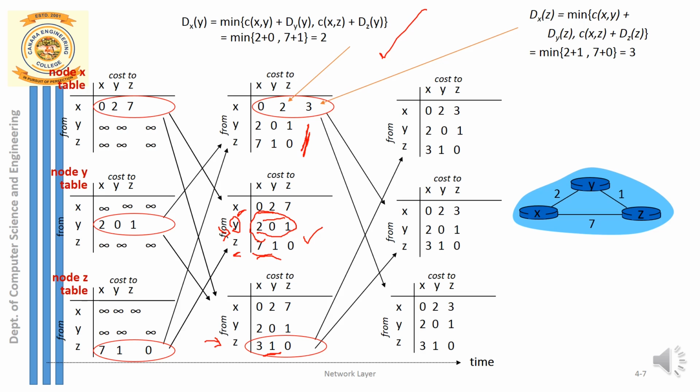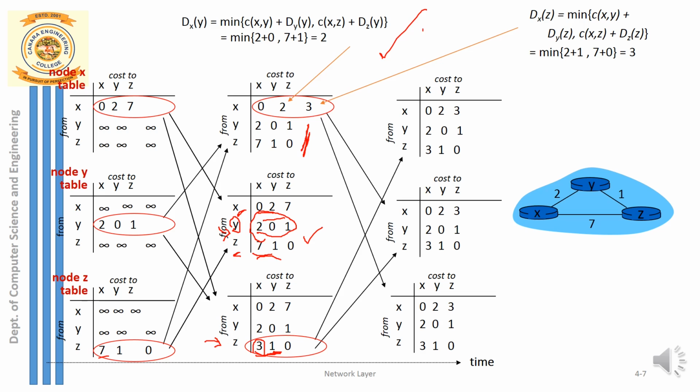Here I have 7 which was pre-calculated. Now the newly calculated distance from z to x is 3. You compare whether 3 is less than 7. Yes, so just replace that 7 by 3. Whereas 1 is the same as previously, and 0 is anyway the same. So whatever the 3 nodes have calculated in this iteration, its distance values are shared with the neighbors in the next iteration.